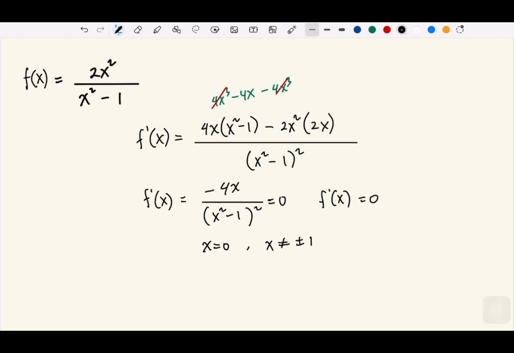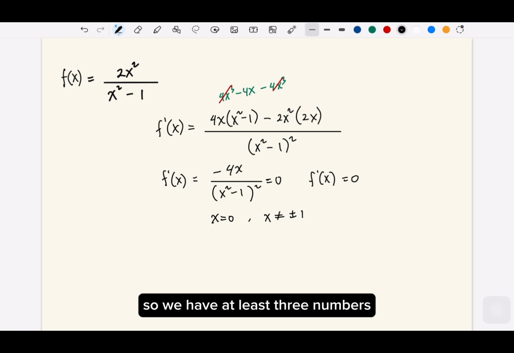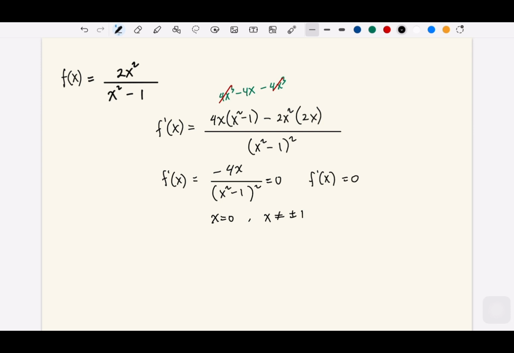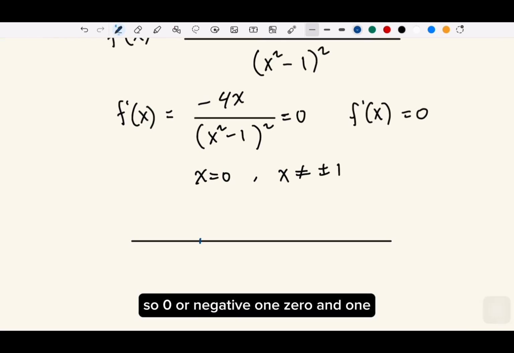Okay? So we have at least 3 numbers that are important within this first derivative. So negative 1, 0, and 1.